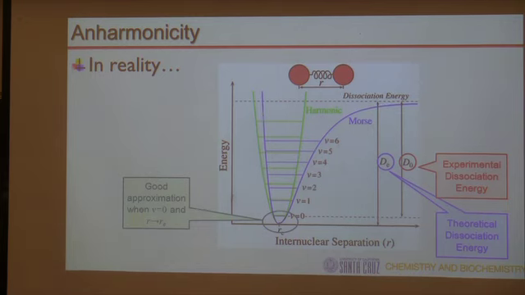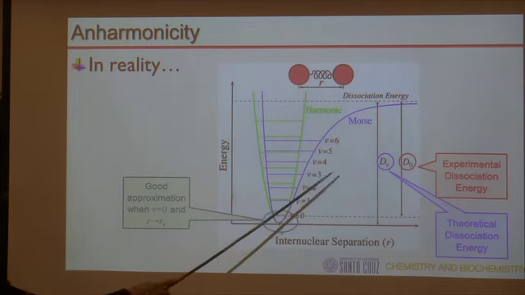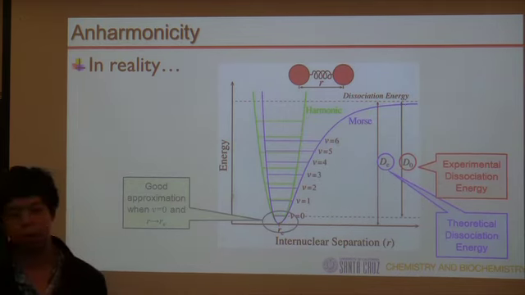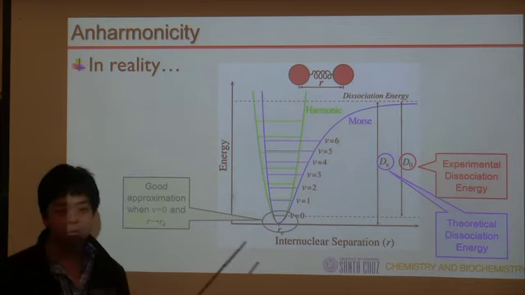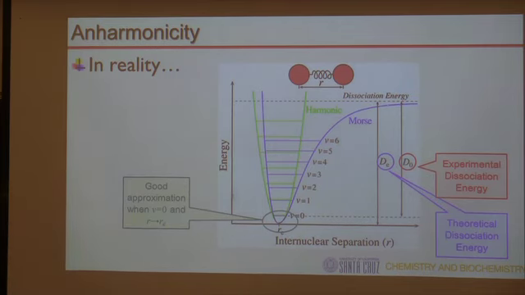If you measure it experimentally, instead of getting De, you get D0 here. Based on the figure, what's the relationship between De and D0? It's the difference. The difference between De and D0 is just the zero point energy. Clear? Based on the figure, you can just read it.